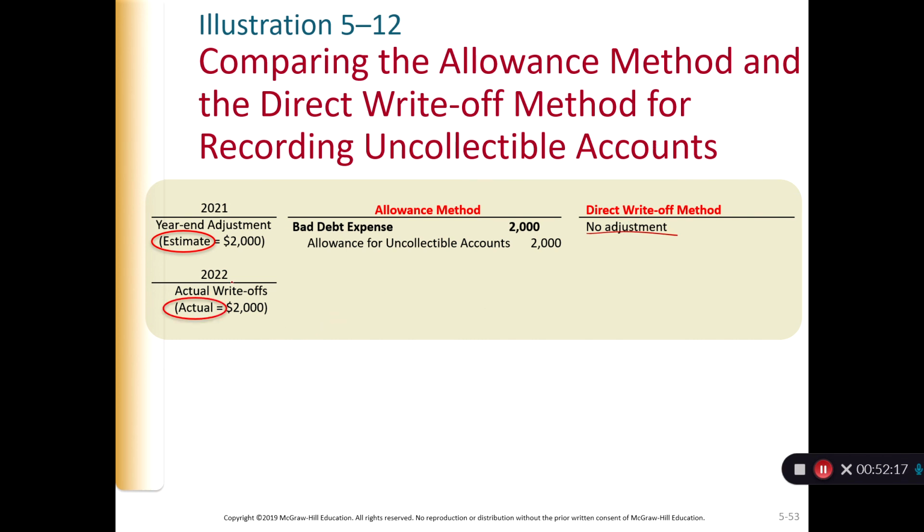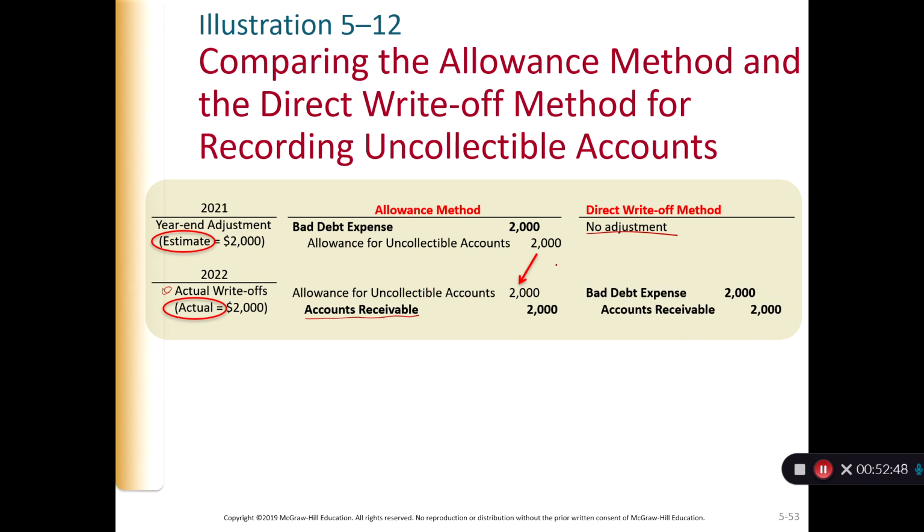However, in 2022, when there's an actual write-off, when the customer actually files bankruptcy, or calls or emails you to say, hey, I cannot pay that $2,000, what happens in the allowance method is that you write off that accounts receivable by crediting the $2,000 and debiting the allowance account to make sure the net accounts receivable is not changing.